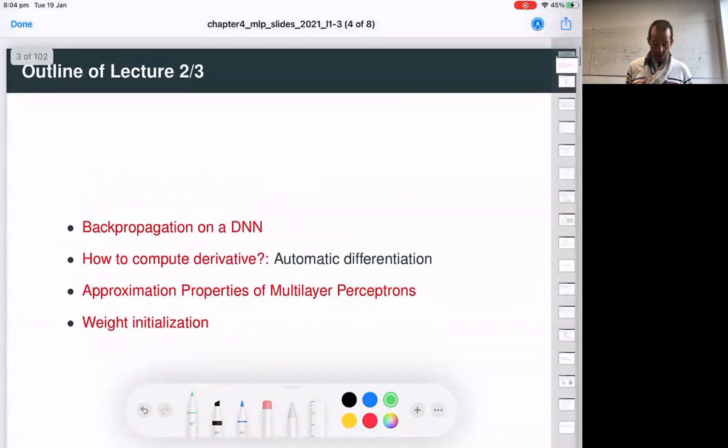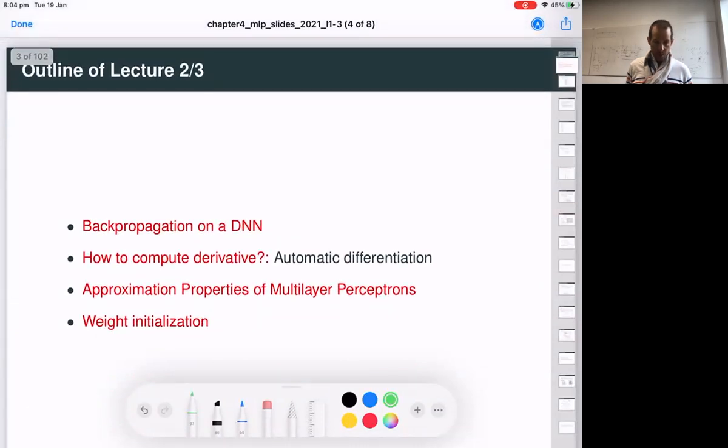Okay, the second part of the lecture today will be the backpropagation on the deep neural network. And we will see how to compute derivatives with what is called automatic differentiation.